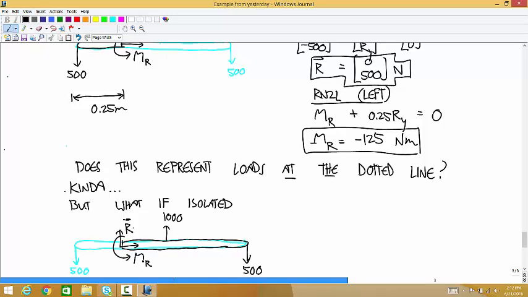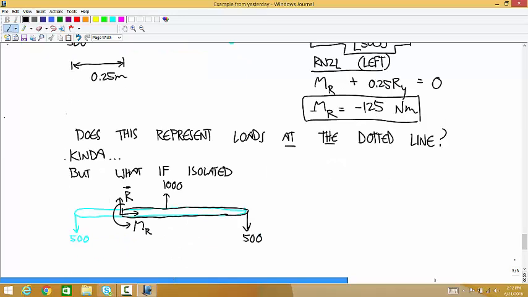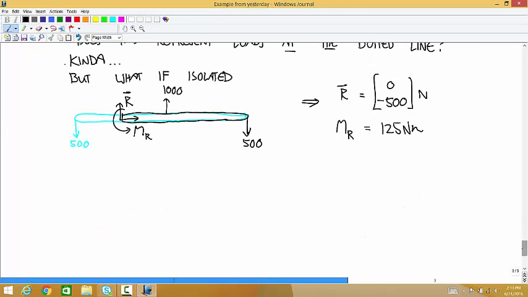What would we get in this case for R and MR? Yeah, exactly. It's a Newton's third law thing. So this would give you that R is equal to 0, negative 500, and MR is equal to positive 125 Newton meters. And so it kind of tells us something about that line. The magnitudes are the same.